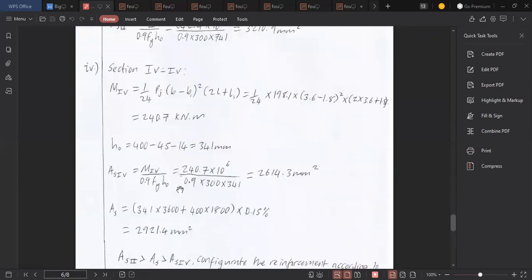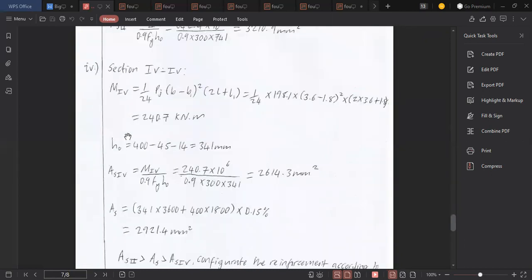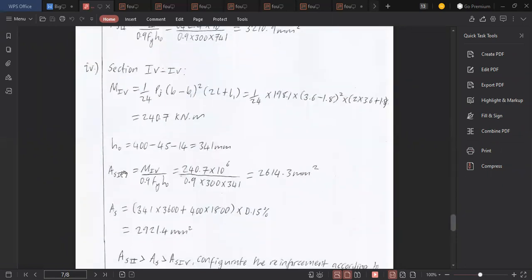Then you do the same for the next one. Here you do it in opposite. Instead of checking, we're actually getting our AS. We've got our AS2 and our AS4, and our AS is gotten from multiplying the area, the effective height, times the steel ratio, which is 0.15%.